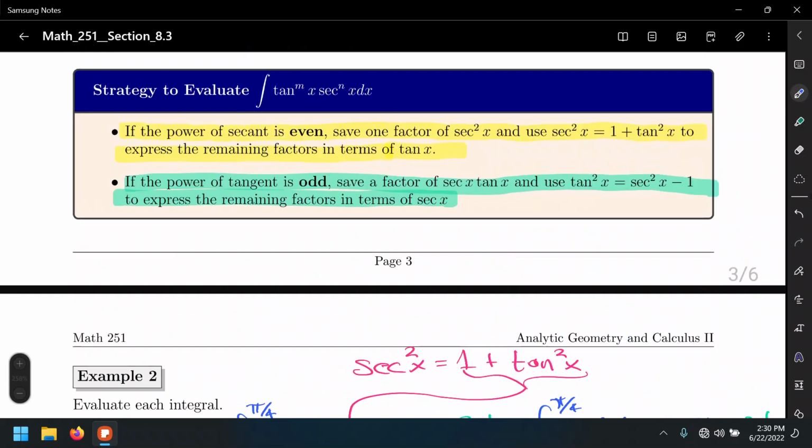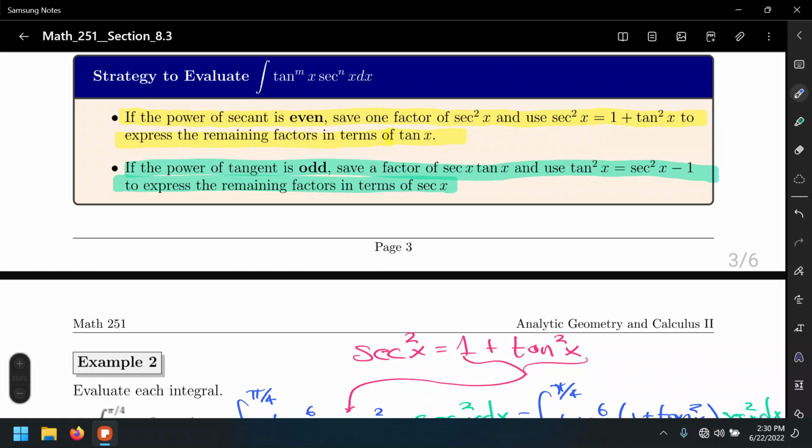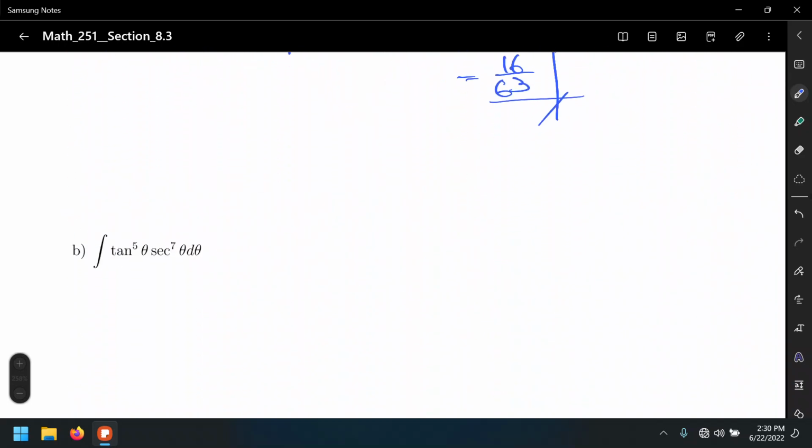Let's see what we have for odd powers. On the guidelines right here, whenever the tangent function is odd, we need to save a factor of secant tangent. Of course, we need to have some secant there in order to do that, which we have.